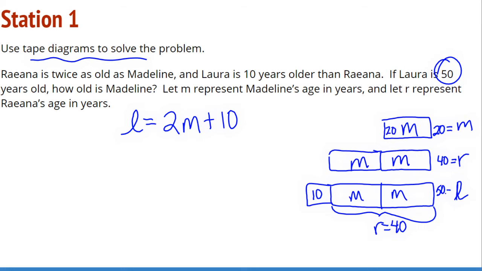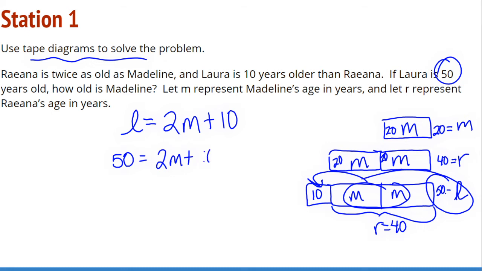So then I can check and make sure that everything fits here. If this is 20, that's good. If this is 20 and this is 20, then Raina's 40. And if this all together is 40 and I add 10, then I've got 50 for Laura. And then I can also check it algebraically over here. 50 is equal to double Madeline plus 10.